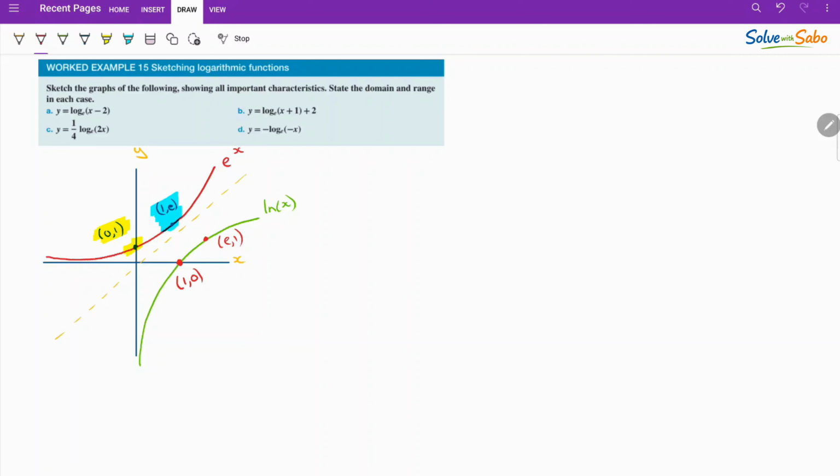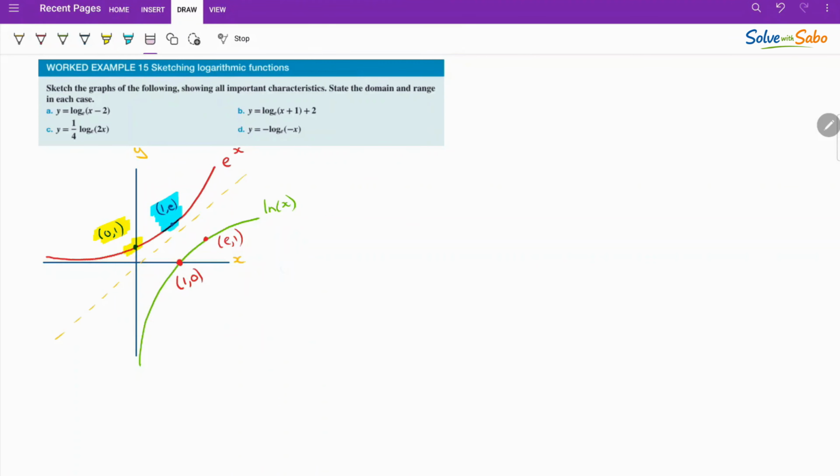The other thing that changes is the asymptote. An exponential will normally have an asymptote, I'm just going to quickly do this in highlighter and then rub it out, across here at y equals 0.